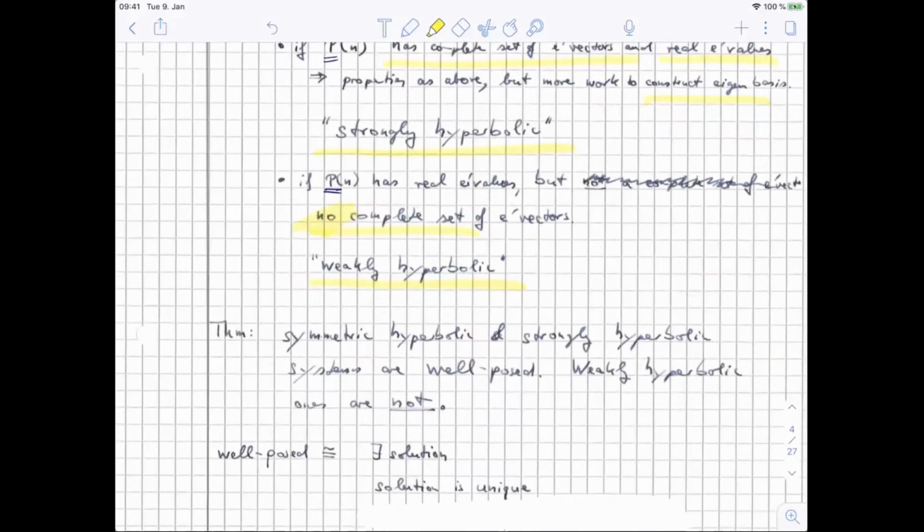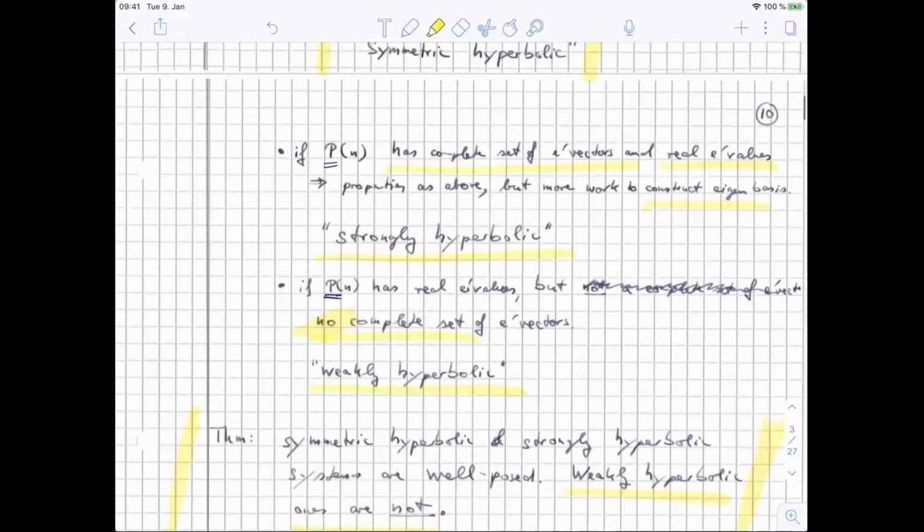The rub in all of this is that symmetric or strongly hyperbolic systems are well posed, and weakly hyperbolic systems are not well posed. And this is why this analysis of hyperbolicity is so important.